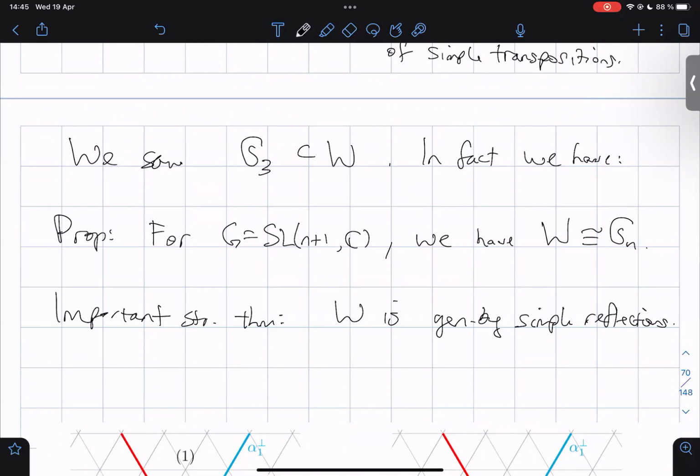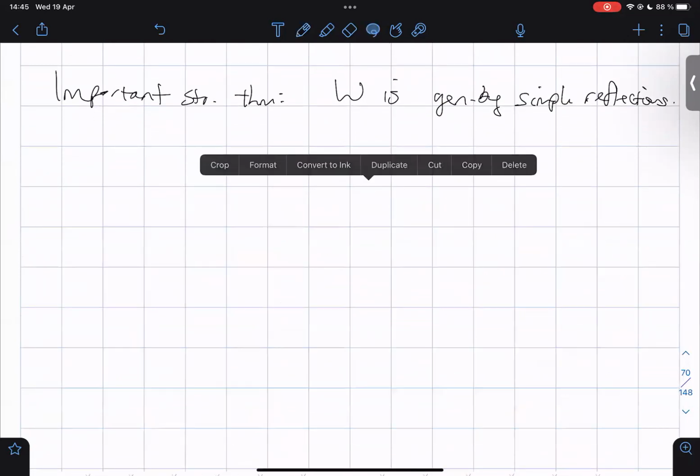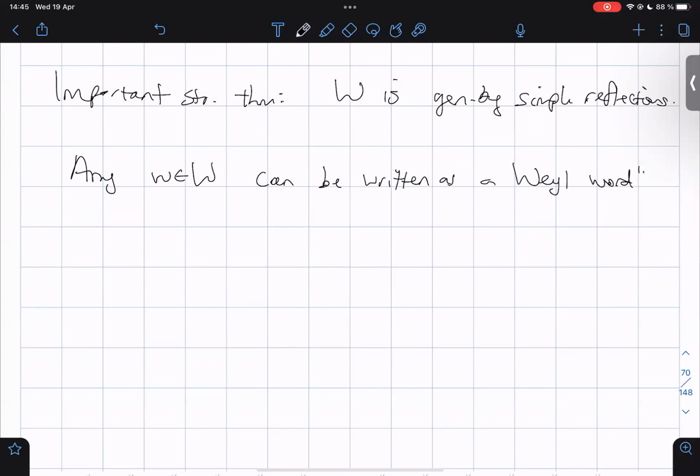There's a book by Humphreys which gives a nice proof of that. So any element of the Weyl group can also be written as a so-called Weyl word.